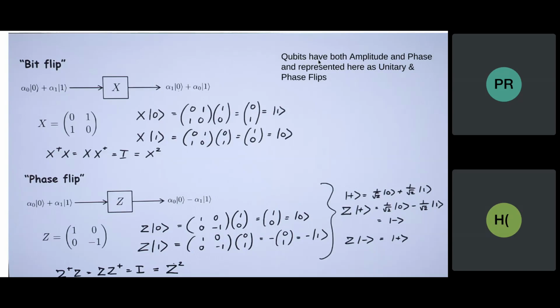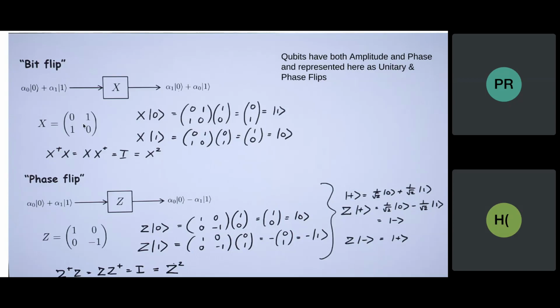So qubits have both amplitude and phase. So we are talking about bit flip here with the amplitude remaining unitary, because we have said that in quantum physics all gates are normalized and they are unitary. And the other portion is phase flip.